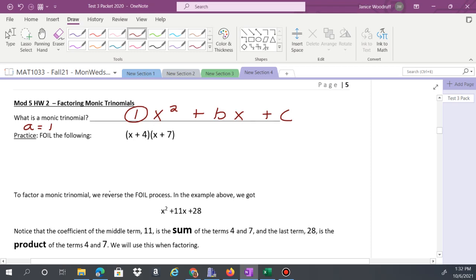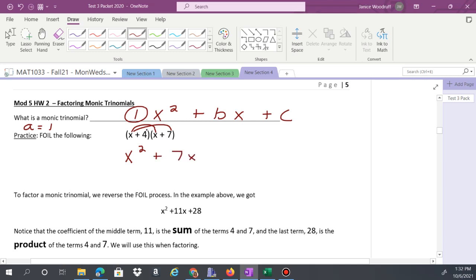To factor a monic trinomial, we do reverse FOILing, so backwards FOILing. Before we do that, let's practice FOILing. We have (x plus 4)(x plus 7). If we FOIL this, we have first terms, x times x, x squared. Our outside terms, x and 7, so 7x.